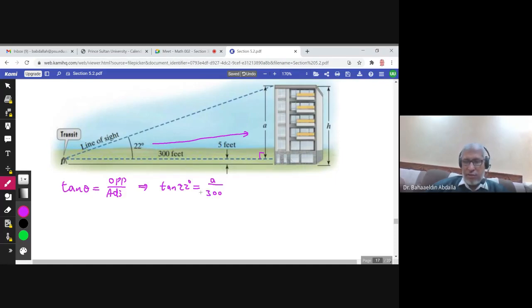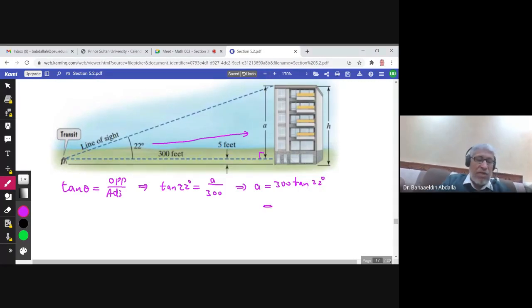Of course, he is looking from here. So that's the triangle. Then you can do cross multiplication, A times 1. So A would be 300 times tan 22, and you put it in the calculator and you find the answer.